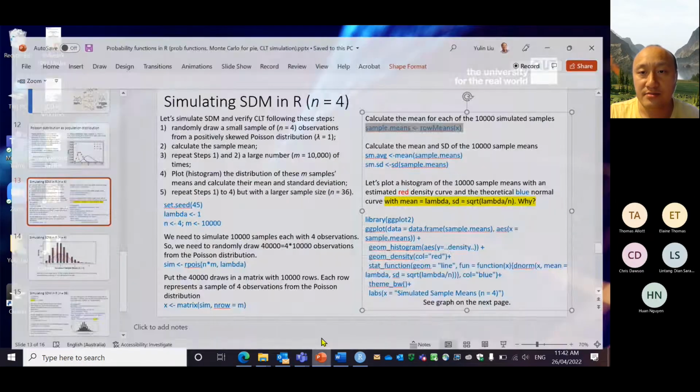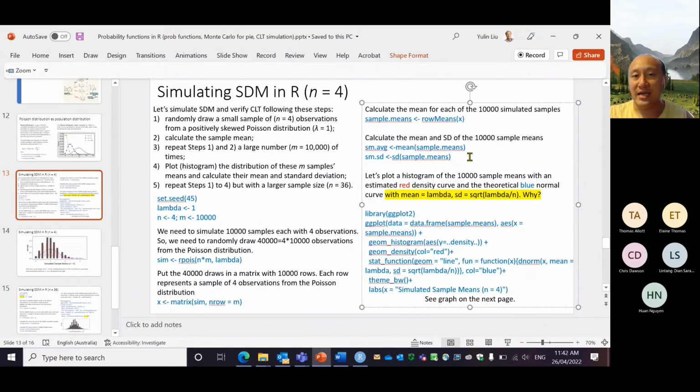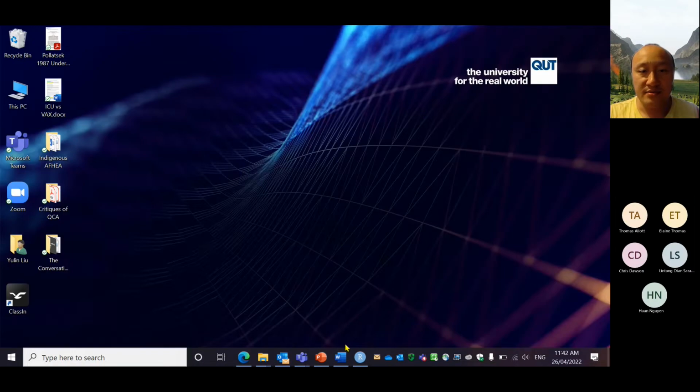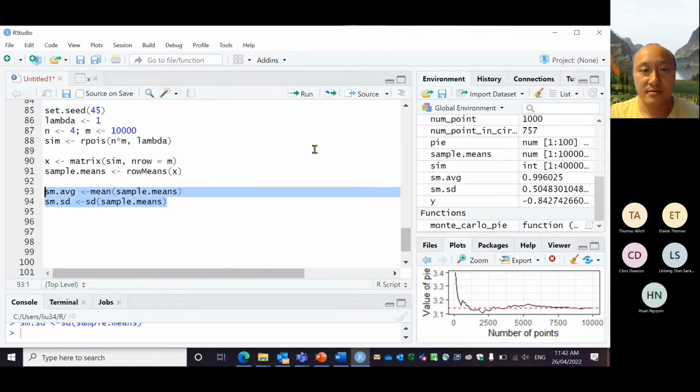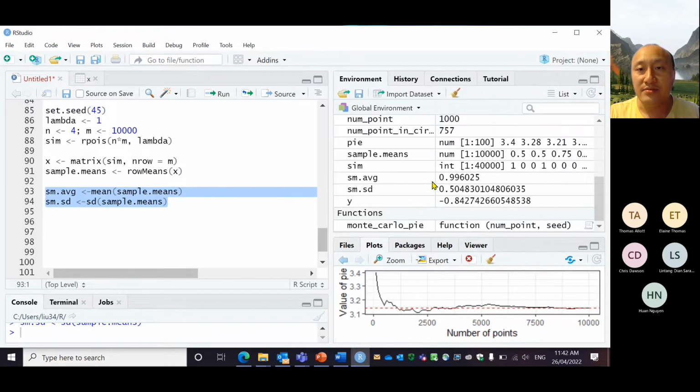And now we can calculate the average and the standard deviation of the means. The average of the means is 0.999.